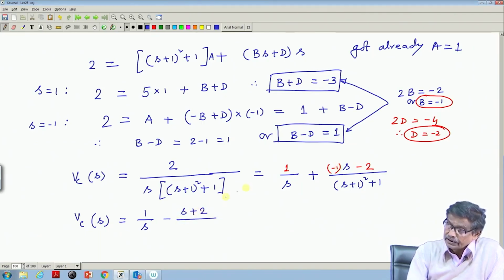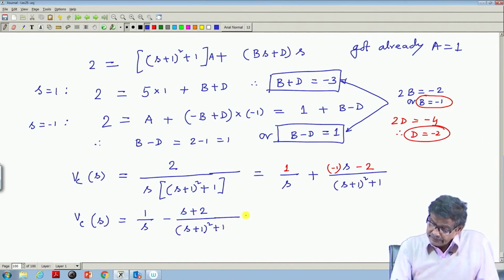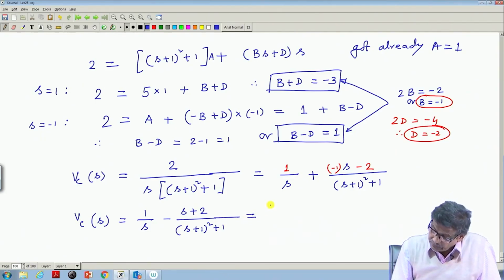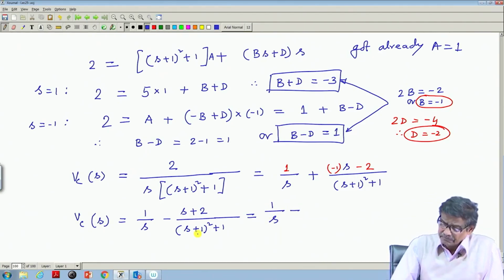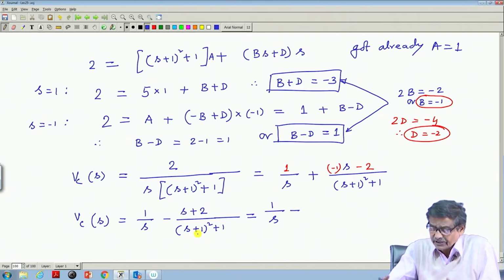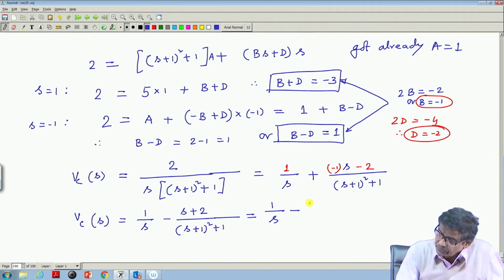This minus can be taken outside, S plus 2 into S plus 1 whole square plus 1. This way I can write, and this can be separated as 1 over S. See, after you do, you will become very fast in your derivations, maybe faster than me. So, do not worry about that.